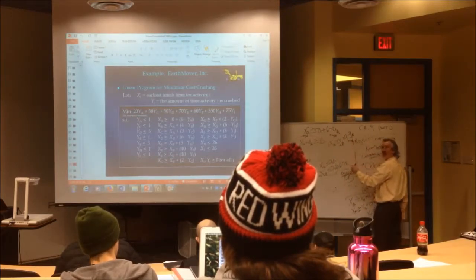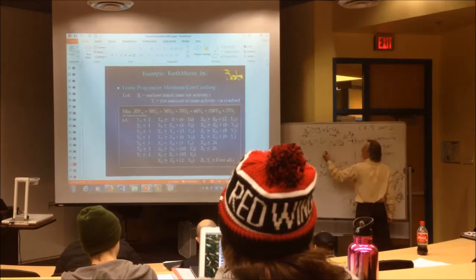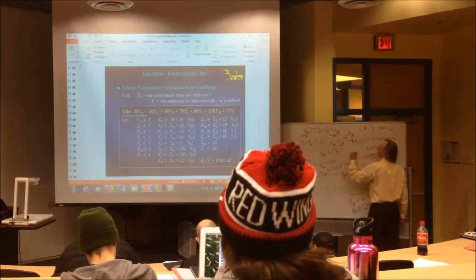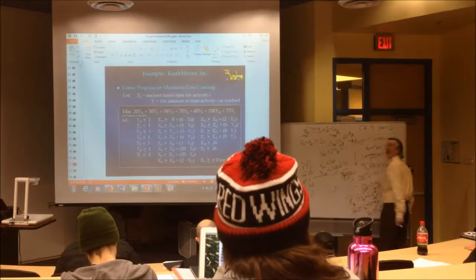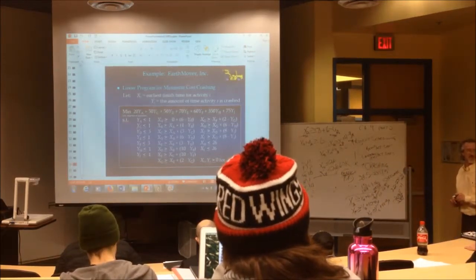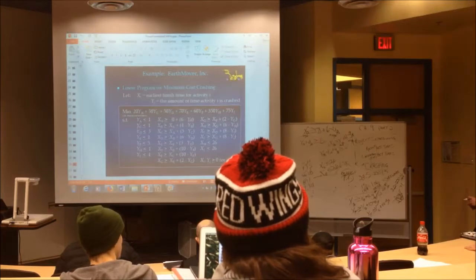I'm doing both at the same time. So what do I have on the left now? X sub B minus X sub A plus Y sub B greater than or equal to, what's left on the right? 4. And that's how you apply the algebra.